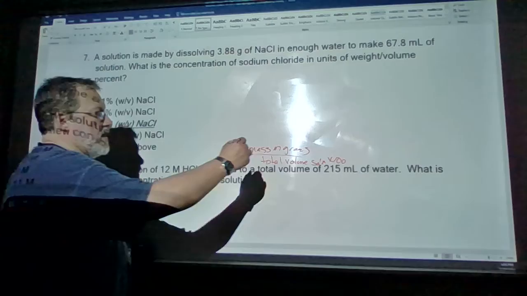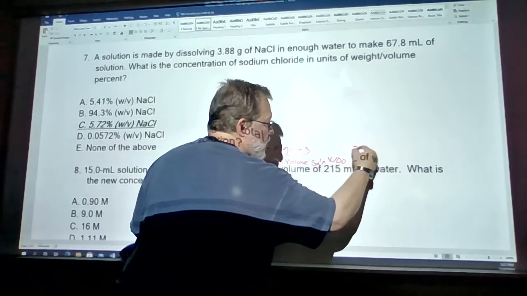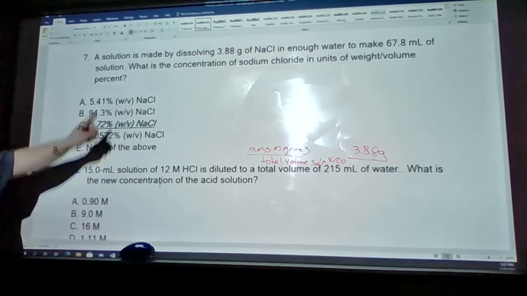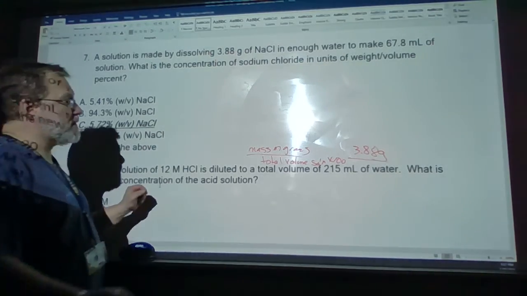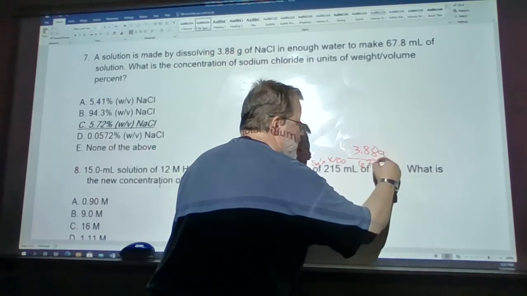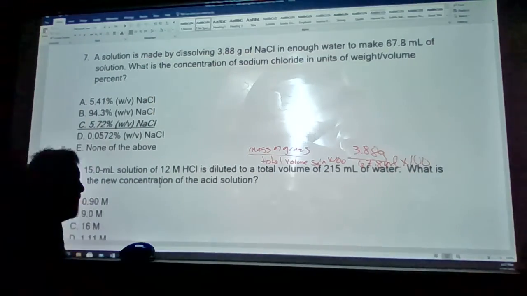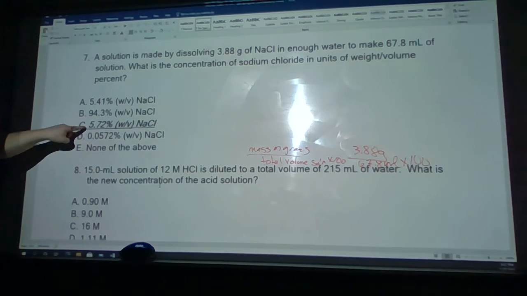That's your mass in grams. 3.88 grams divided by total volume, 67.8 ml of solution, times 100%. So 3.88 divided by 67.8 times 100 comes out to be 5.72%.